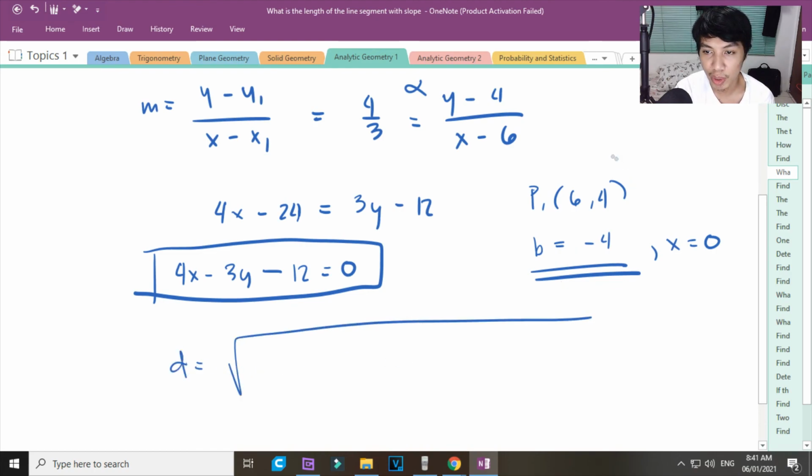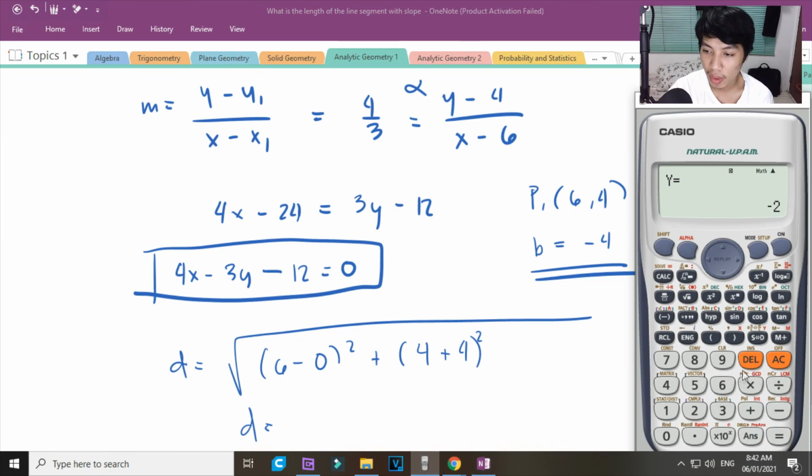Now you know, use the distance formula. Okay. What is your point 1? Anywhere here. So, 6 minus 0 squared plus 4 minus negative 4 squared. Now the answer for the distance is the square root of 6 squared plus 8 squared.